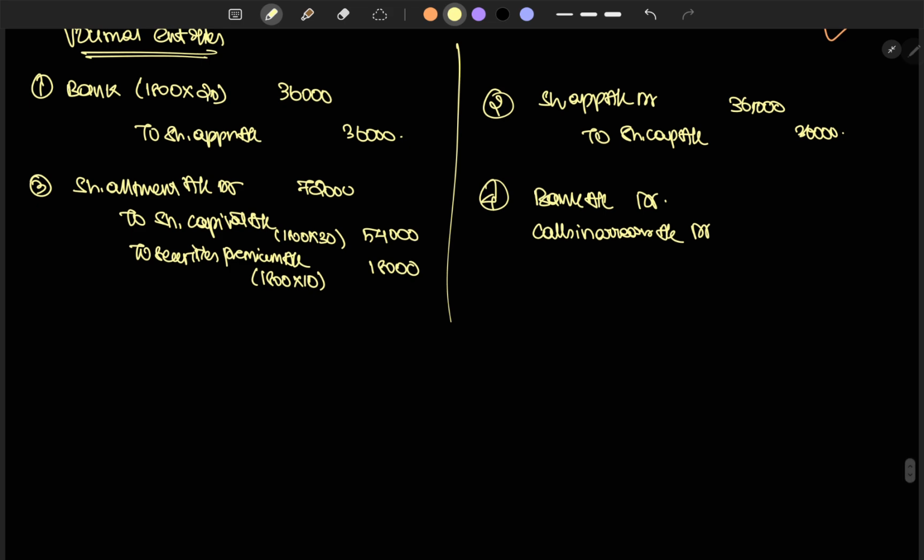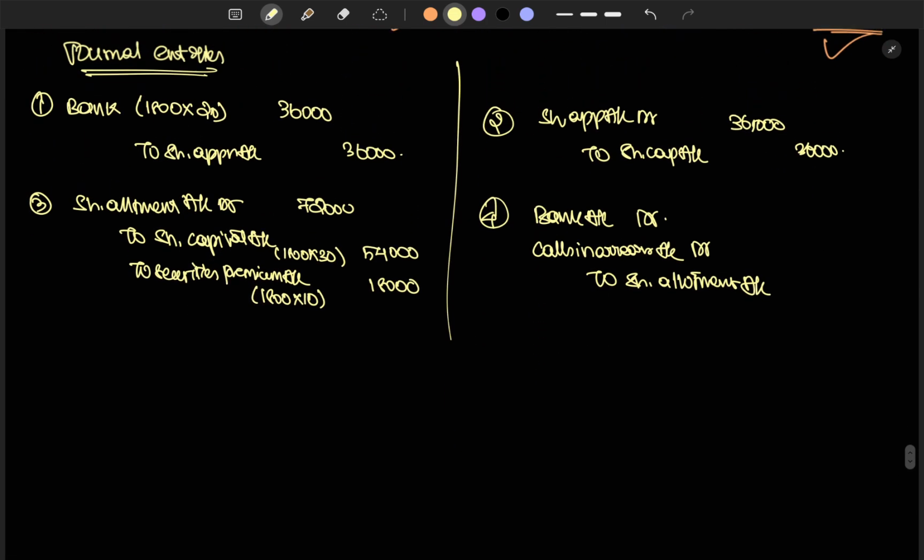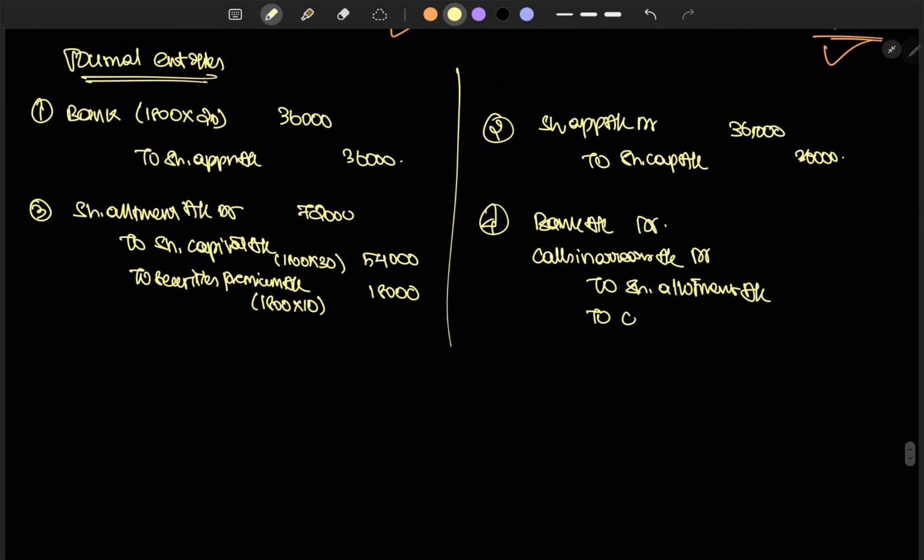If we are receiving the money, what are we receiving the money for? Share allotment, right? So bank to share allotment account. Okay, calls in advance, we are receiving 40 shares' money in advance, right? So that's a liability, calls in advance.